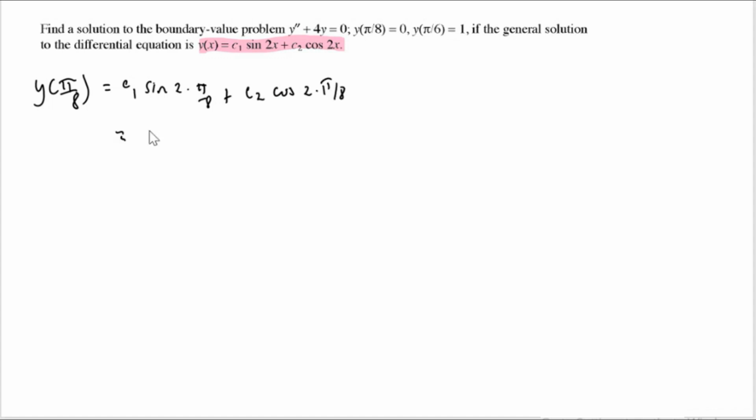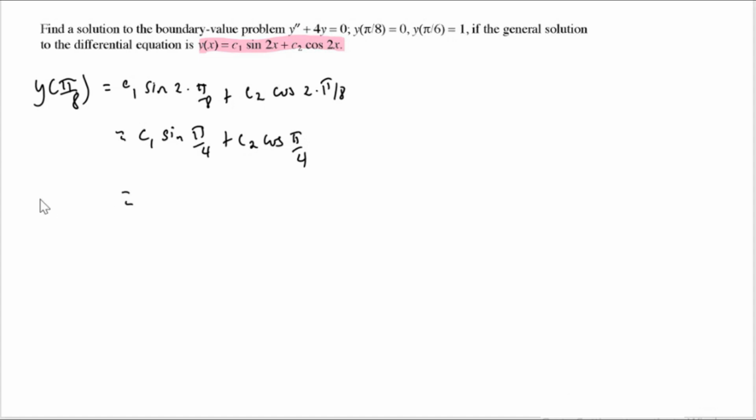Simplifying that, we have c sub 1 sine of 2 pi over 8, which is pi over 4, plus c sub 2 of cosine pi over 4. Now after that, we are going to take the value of sine of pi over 4 as well as cosine of pi over 4.